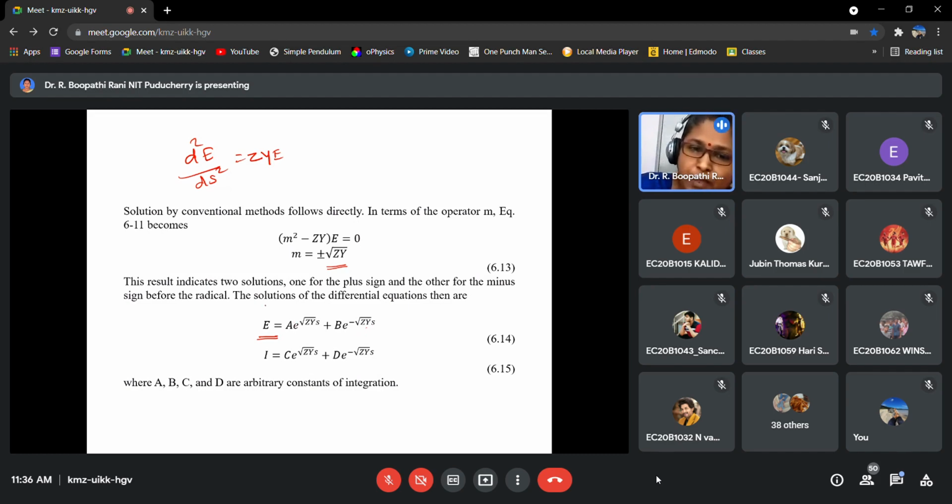So E can be written as a e power root zys plus b e power minus root zys.